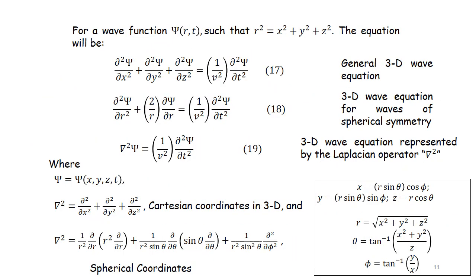So in this case, when the wave is propagating in the x, y, and z plane, such a wave is said to be three-dimensional, where this function represents such a wave depending on the distance traveled by the wave, which is in three-dimensional x, y, z, and the time. Okay, and r is obtained in this expression.